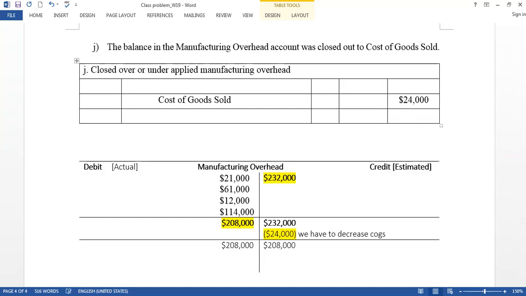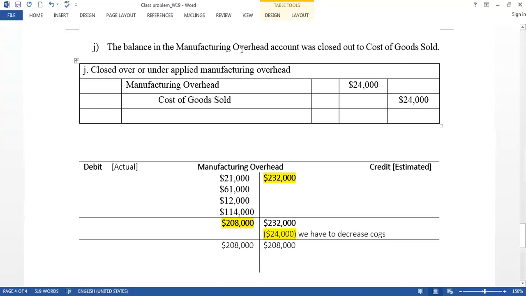From where? From manufacturing overhead, right? So manufacturing overhead debit $24,000.